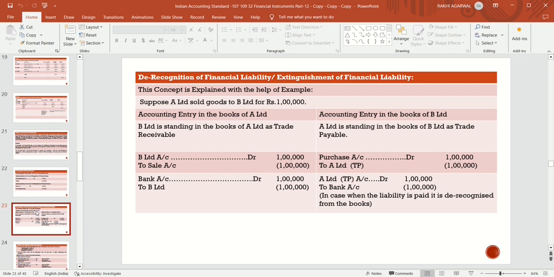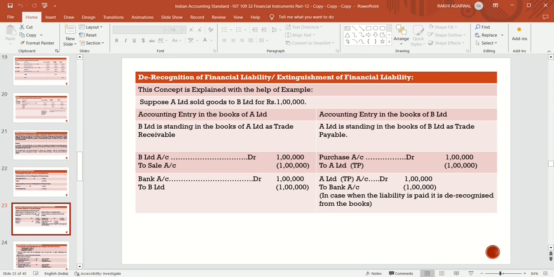And in the books of B Limited, they will create a liability because they had purchased goods from A Limited. So purchase account debit to A Limited, that is trade payable. It creates a financial liability of 1 lakh.